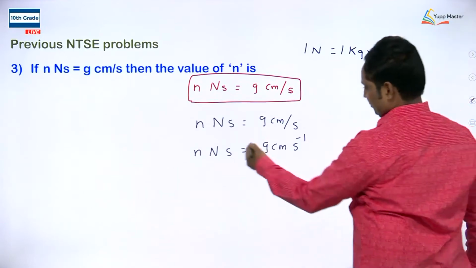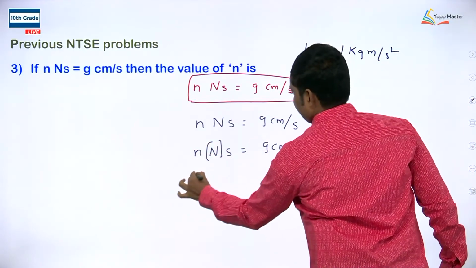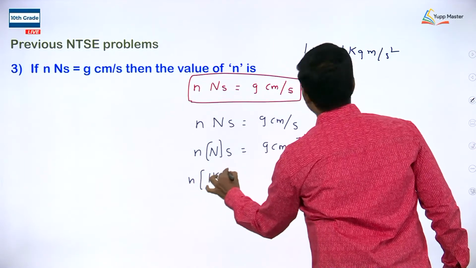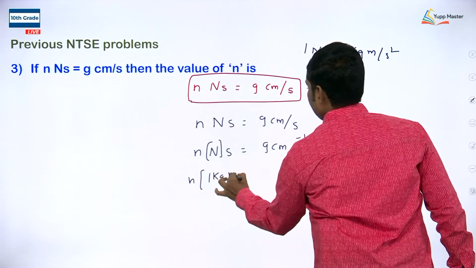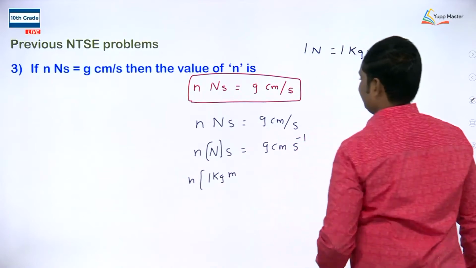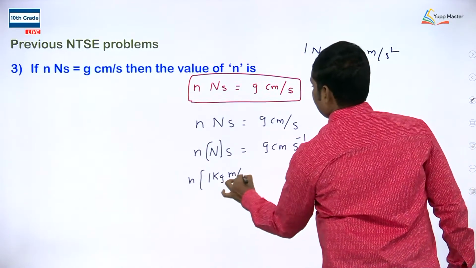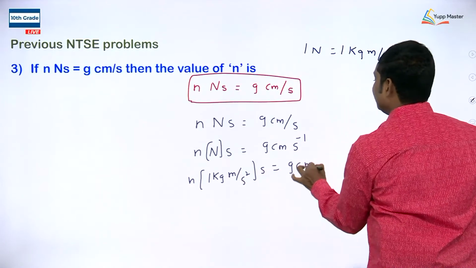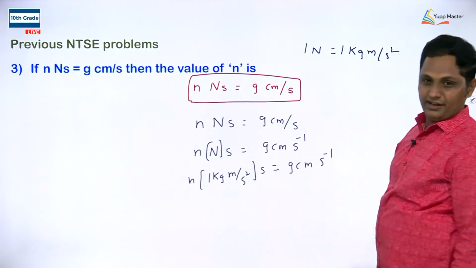Just write down in the place. Therefore, n Newton is equal to 1 kg meter per second square into second, that is equal to gram centimeter second inverse, it is very clear.